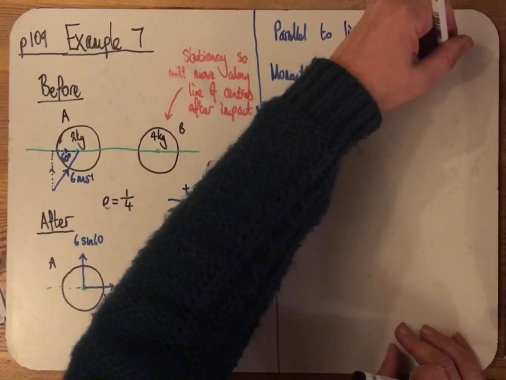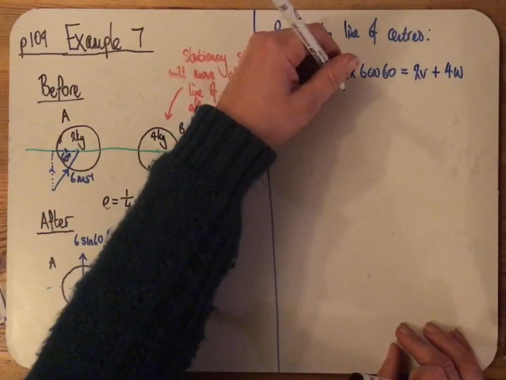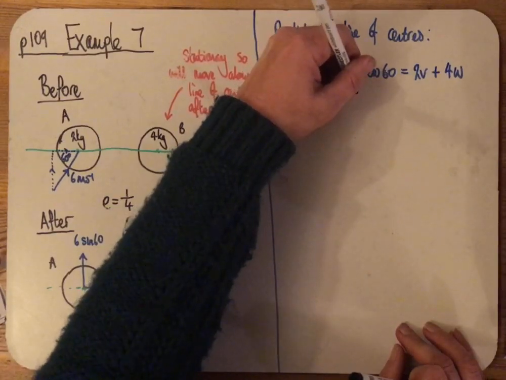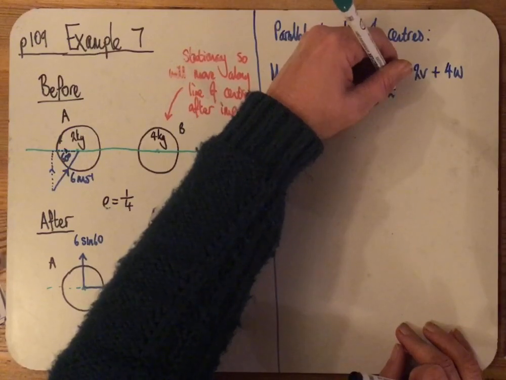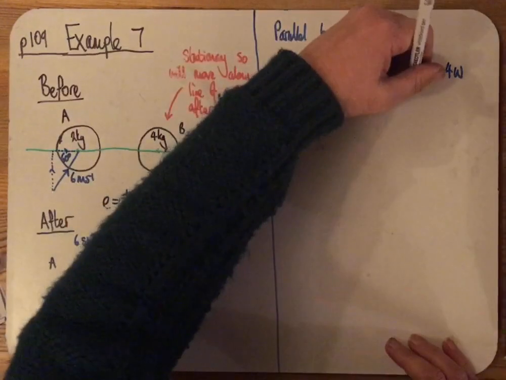So mass times velocity. That gives you 3 equals v plus 2w when you simplify that down. And that's our first equation.